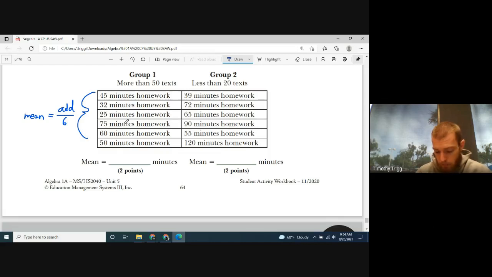So 45 plus 32 plus 25 plus 75 plus 60 plus 50 equals, hopefully you got 287. Divide that by 6. And the mean here is 47.83. And you should see on your calculator that 3 is repeating.